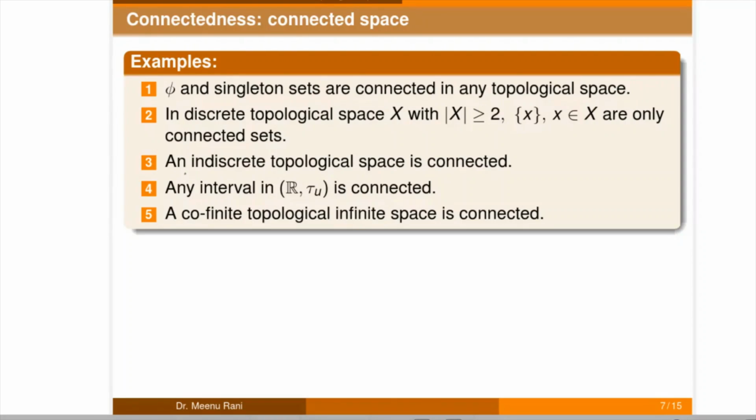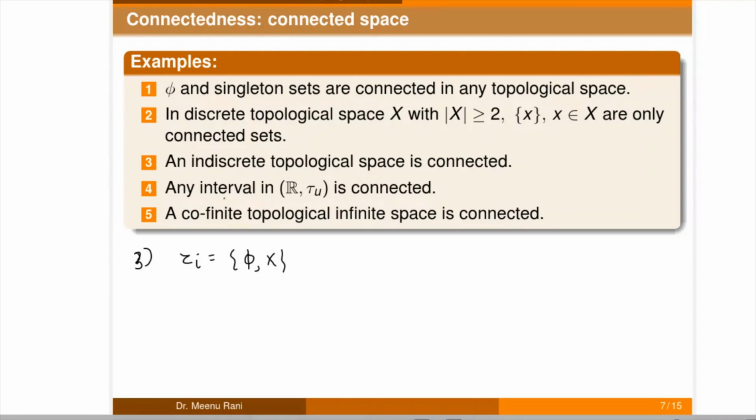In the third example, an indiscrete topological space is connected. In the indiscrete topology, we know that only phi and X are the members of the topology. So there also does not exist any pair of two open sets or closed sets which can be written as their union and equal to X. So it is not disconnected, so it is a connected space.